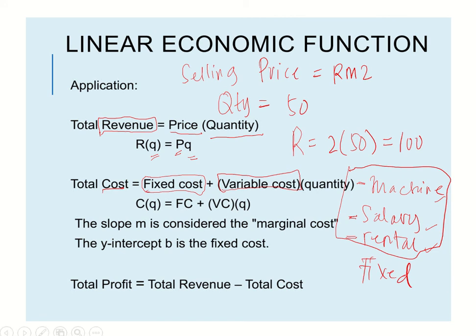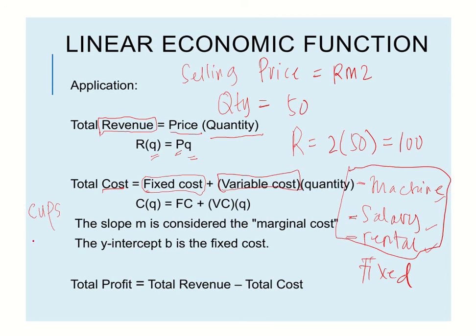On the other hand, we have something called a variable cost. The variable cost is the cost you pay only when you have business. For example, if you sell 50 cups of bubble tea, the variable cost will be the cup you use, and what else?